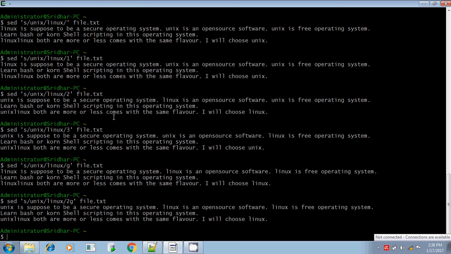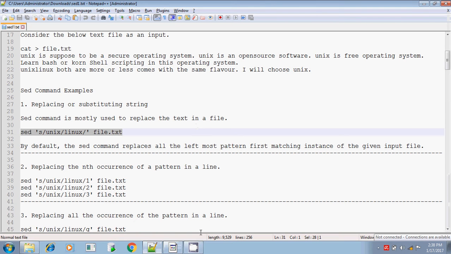Let me execute. The first one is not replaced, from the second onwards replaced, and here also replaced. Second, there is no line pattern. This one is not replaced because we have given 2G, so from the second onwards this one is replaced. So 2G means from the second matching instance to all matching instances.